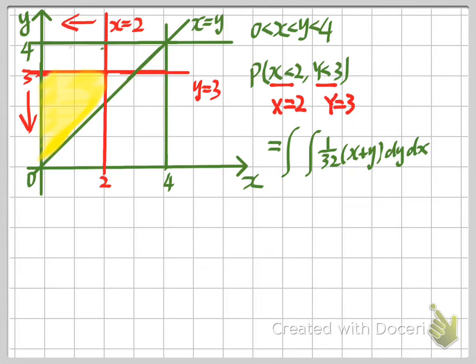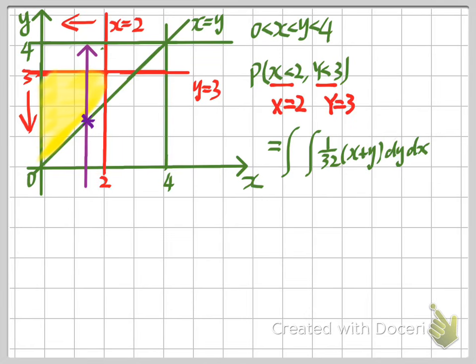When we change the order and decide the upper and lower limits, the first thing we do is draw a line parallel to our y-axis. And now you can see that no matter whether we put this purple line here, a little left, or a little right, the first intersection is still this line.